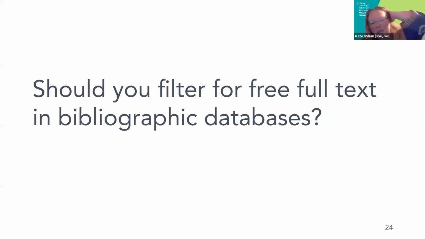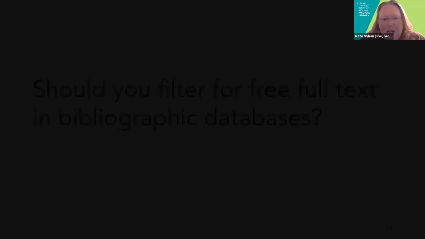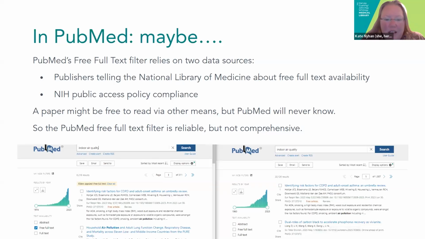Now, some bibliographic databases have an option to filter for free full text. You can do this in PubMed. You see that if I did this search, indoor air quality, with the free full text filter applied, 6,000 results. And if I do the same search without the free full text filter, 20,000 results. This is a big difference.